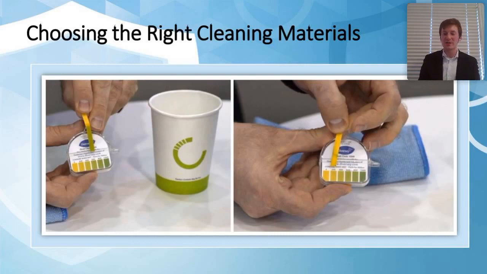A famous example of this is quat binding. A category of disinfectant called quats are known for the tendency to bind to certain types of cleaning material, specifically cotton, and I think also microfiber, and will not be able to work properly as a result.